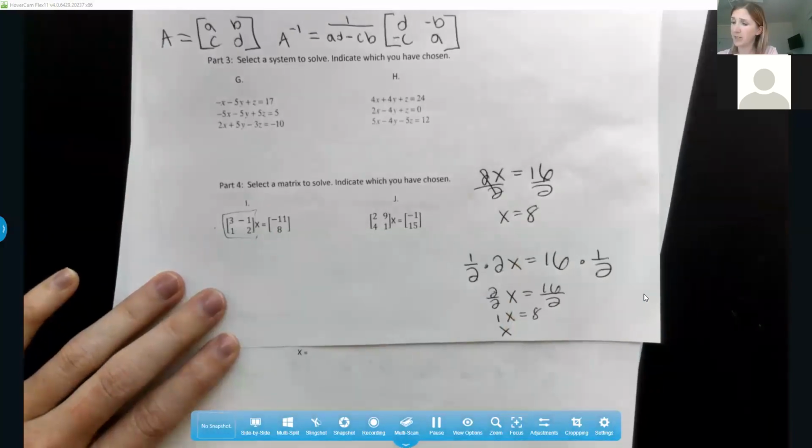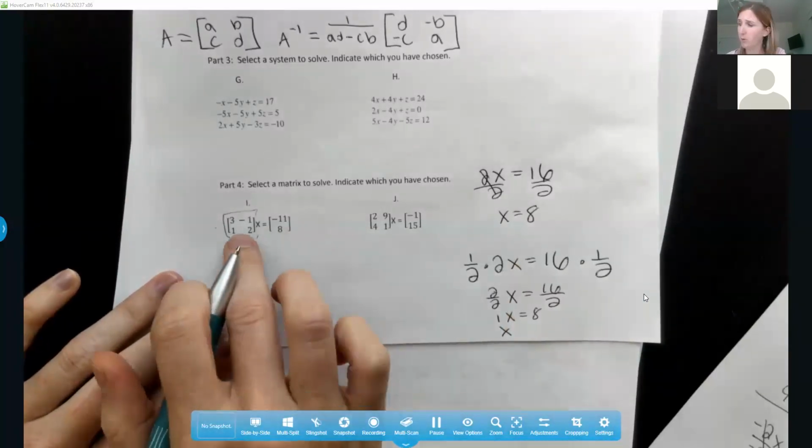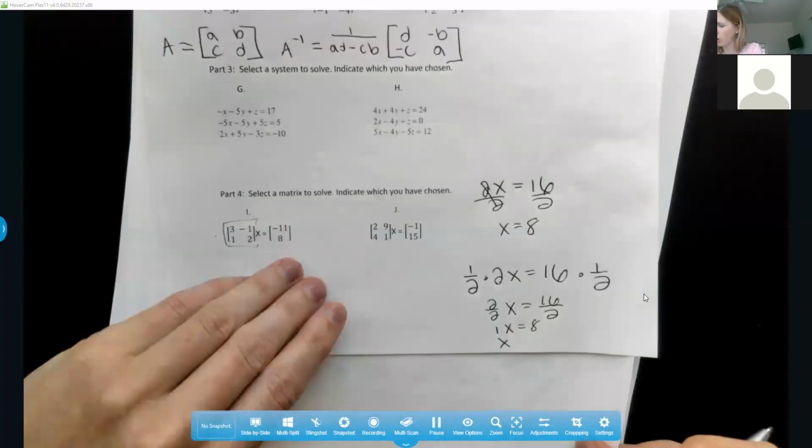So I'll give you a second to look back at your notes from part 2 and find what the inverse is. And I'll go ahead and work it out too, and we can compare our answers. Okay.